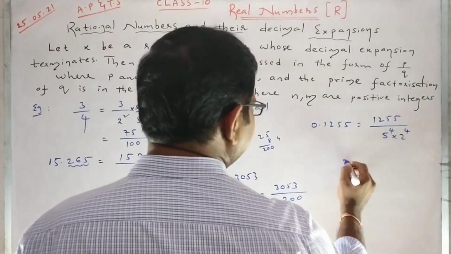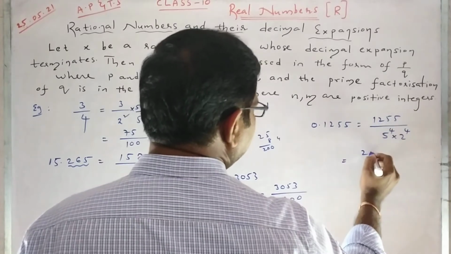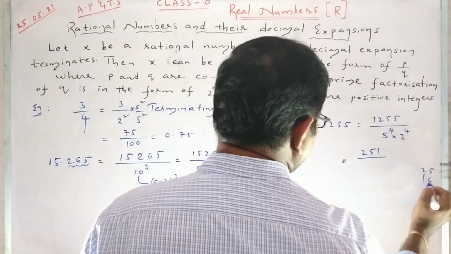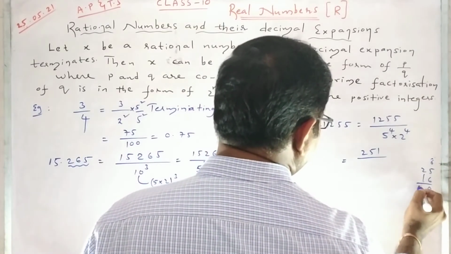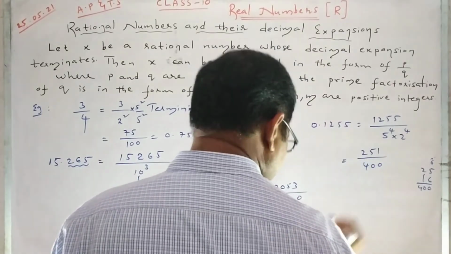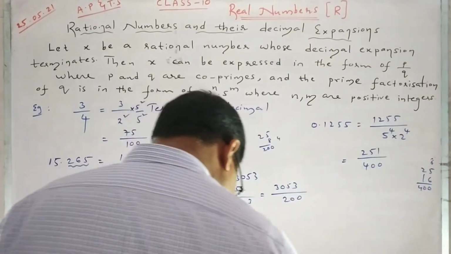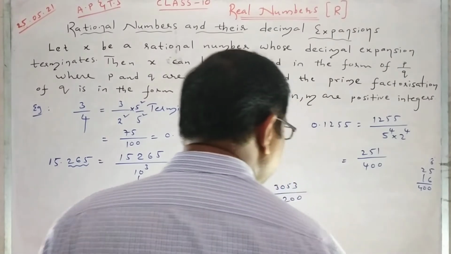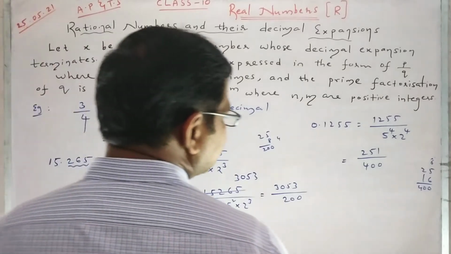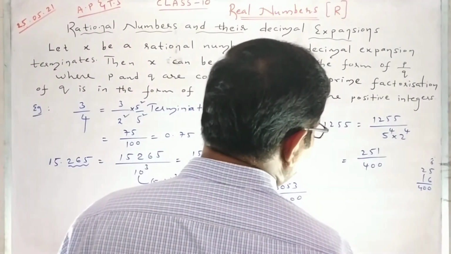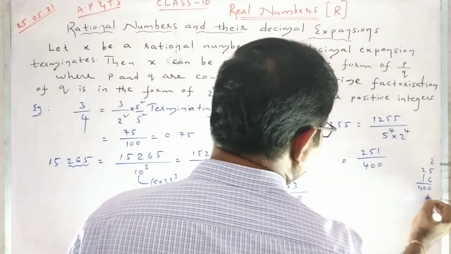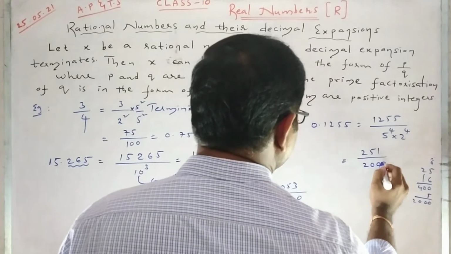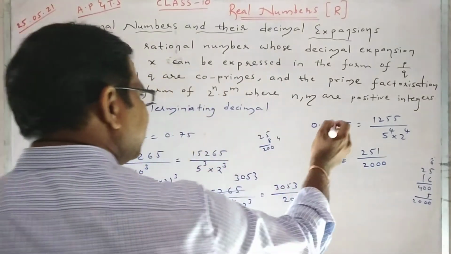With 1 5 I will cancel it. 251 by 400, and one more 5 is there, so 2000. So this is the P by Q form of the given number.